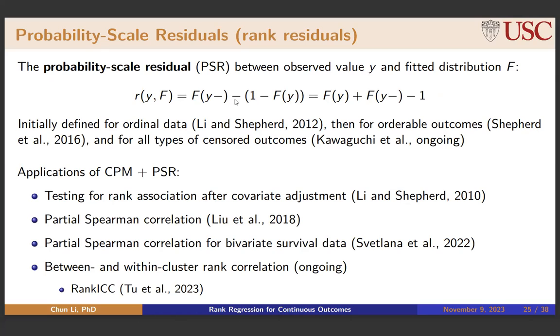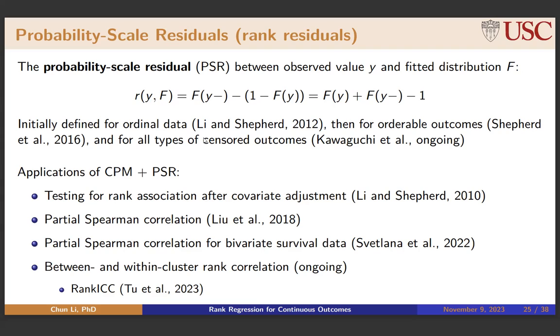And for those tied with the observed, you give score 0, and you put them together. So this would be just that. And we call that probability scale residual because it's essentially the function of probabilities. We did that initially for ordinal data and extended it for all orderable outcomes. And Eric picked up the steam and now works on all censored outcomes.